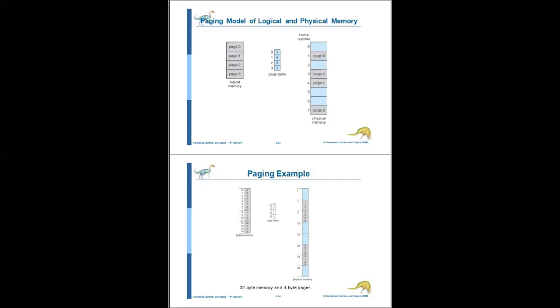Here the logical memory contains a process with 4 pages, from 0 to 3. The page table stores the index of those page numbers, the index 0, 1, 2, 3, and 1, 4, 3, 7 are the frame numbers.